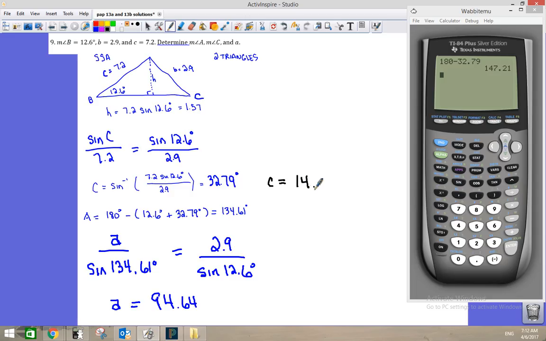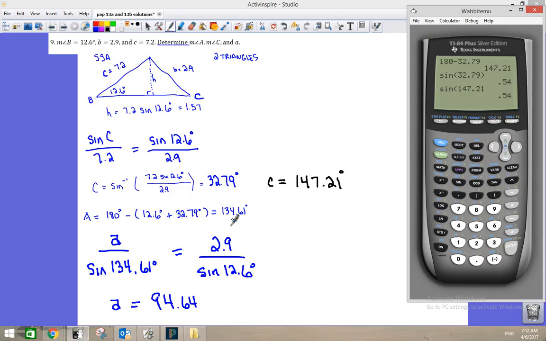The sine of 32.79 is approximately the same as the sine of 147.21.